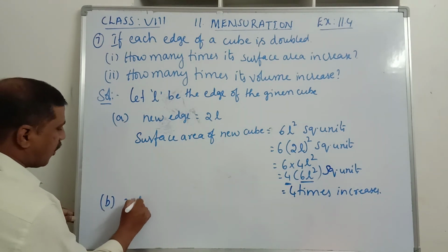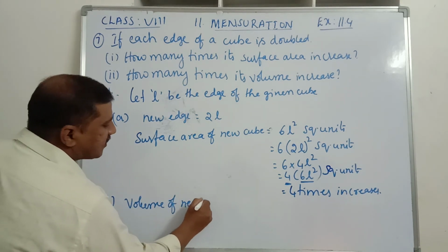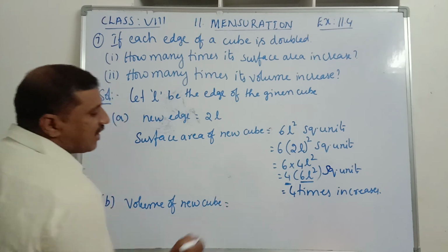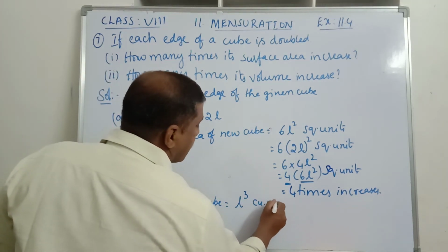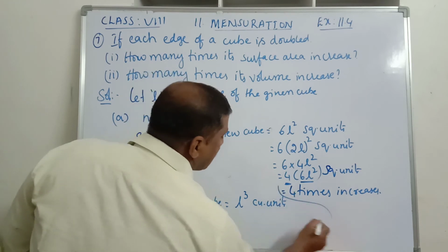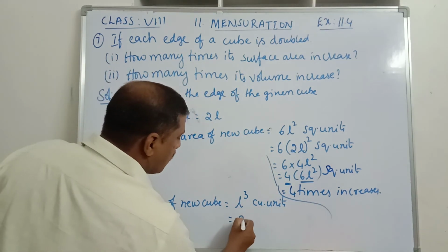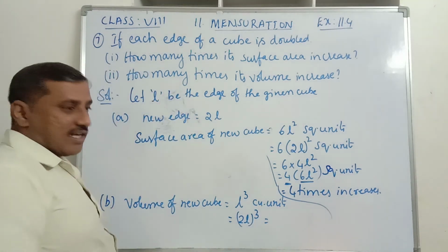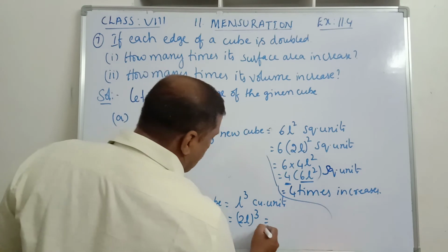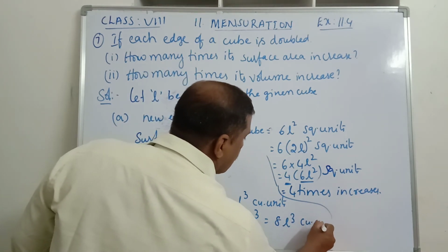Now what about the volume? The volume of the new cube is equal to, what is the formula to find volume? It is L cube cubic units. But here L is equal to 2L, doubled. Therefore it is (2L) whole cube, which is equal to 2 cube into L cube. 2 cube is 8, so 8L cube cubic units.